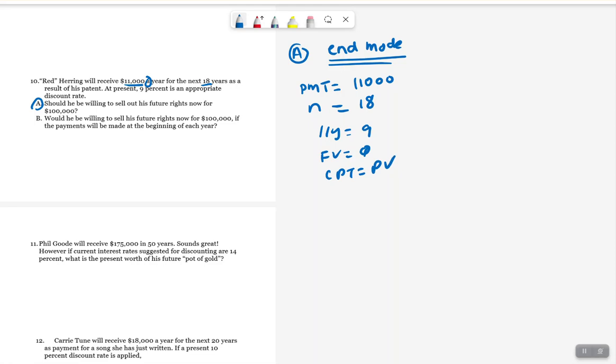That present value should come out to be 96,312. So the present value of that annuity is now worth about 96,312, compared to 100,000.